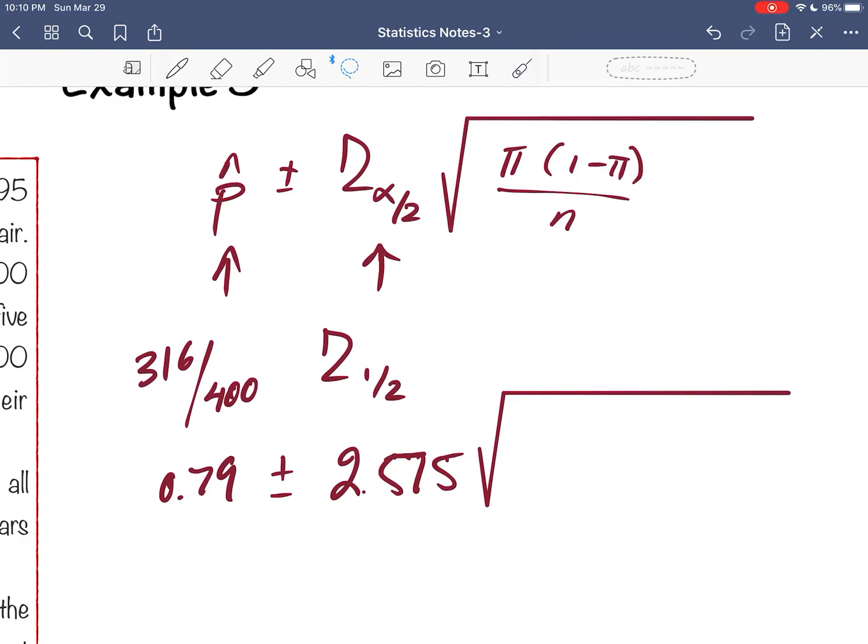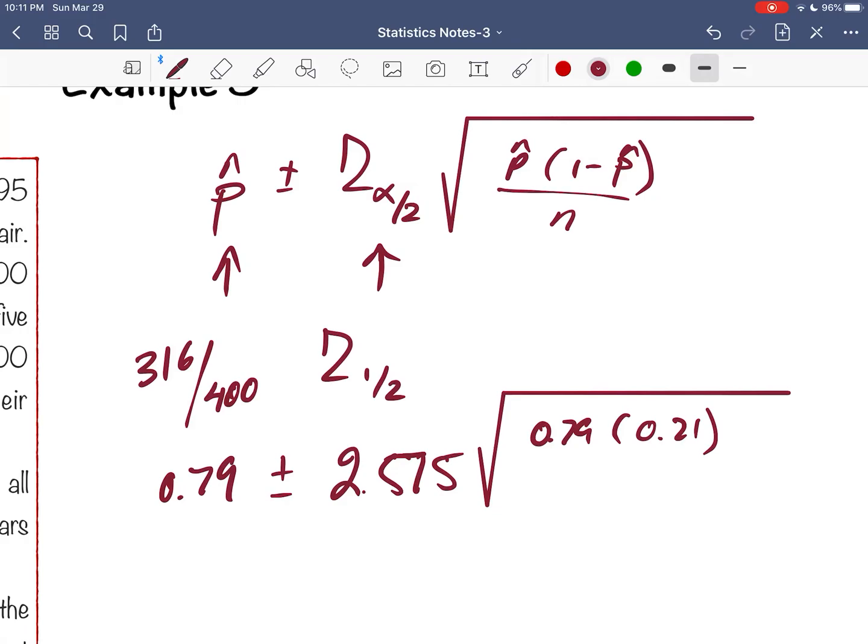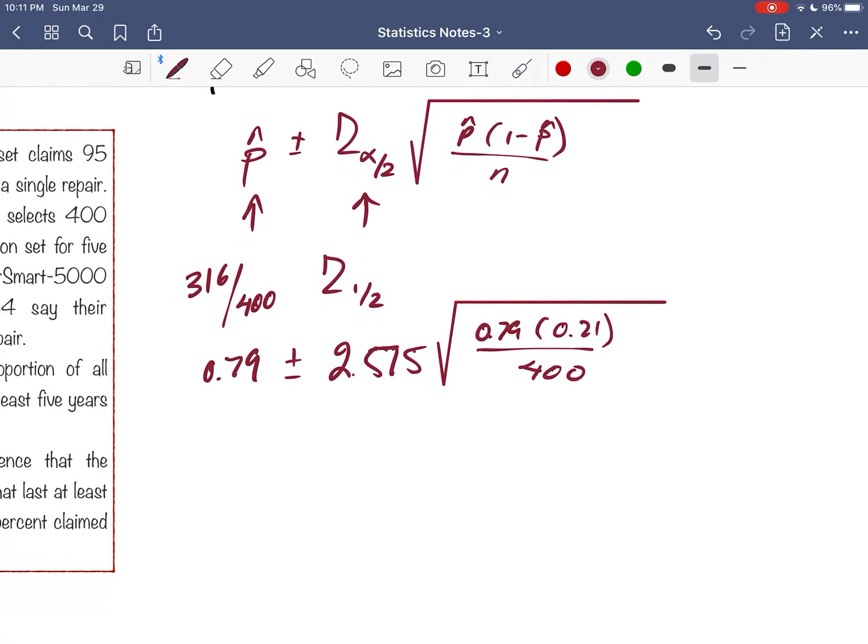Now, in this particular case, since we do not know the population proportion, we're going to use the sample as an approximation. That's pretty simple. So 0.79 multiplied by 0.21 divided by 400. You do the math, and you get to create an interval.